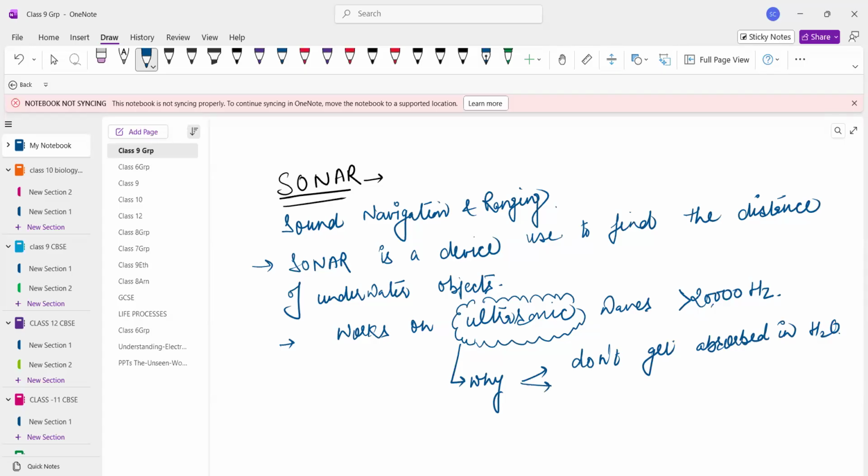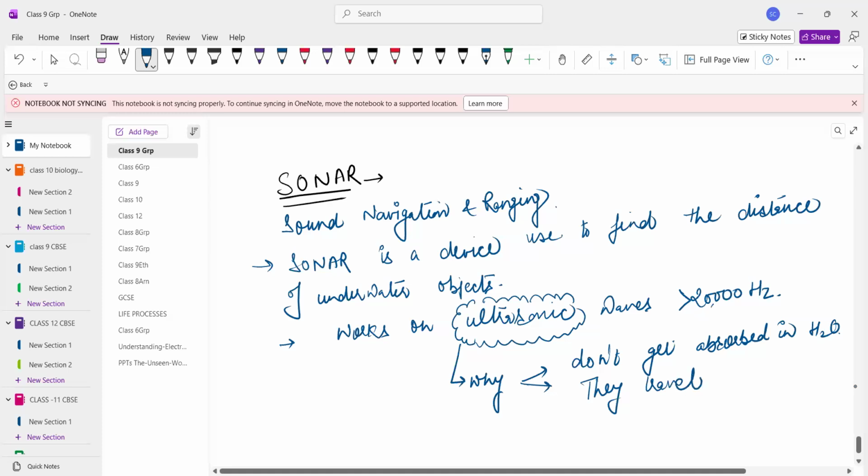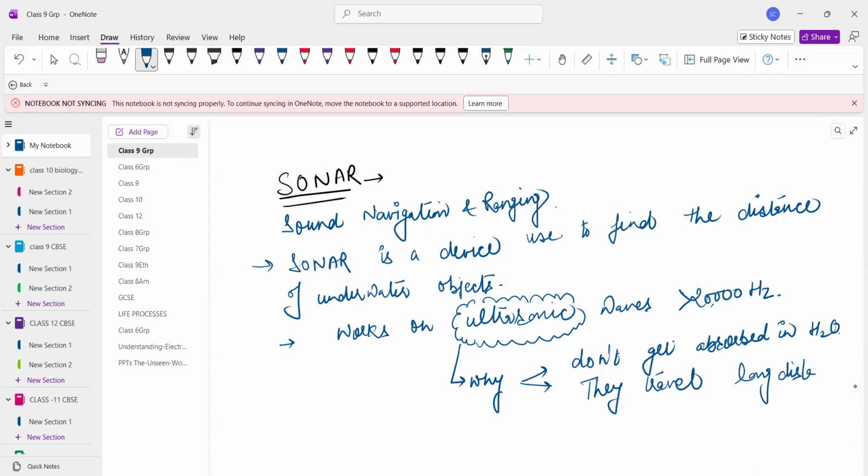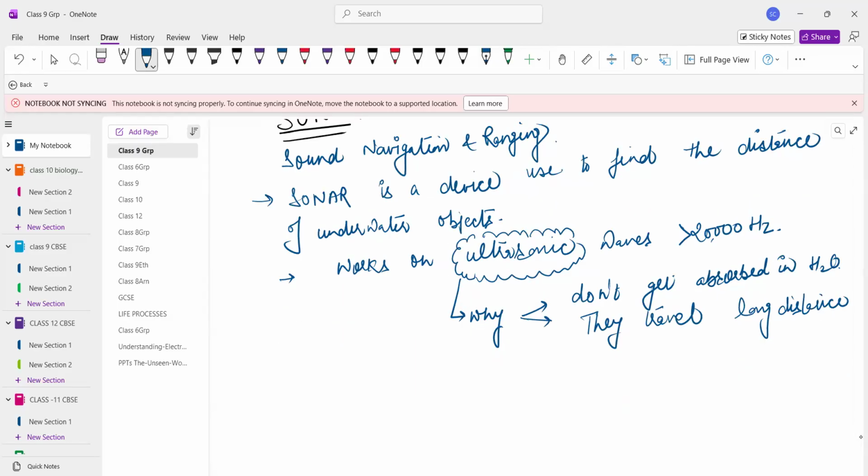Second reason, they travel long distance. Obviously, if we want to find the ocean floor, the sound waves need to travel a long distance. And also, because it's based on the reflection of the sound wave, they can reflect strongly.